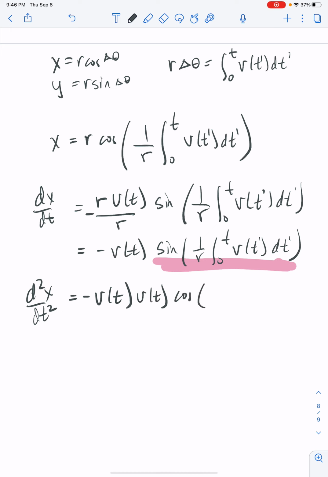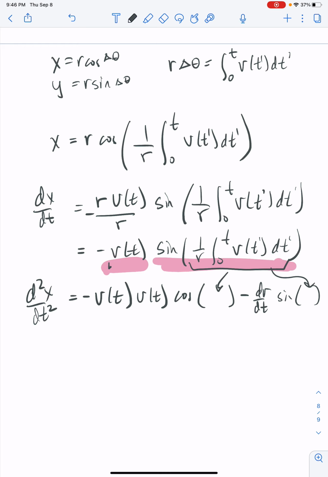Then cosine, I'm not going to write this whole thing again, but this whole thing is inside my cosine. And then by the product rule, I'm next going to take the derivative of this first term. And so that is negative dv dt sine of this whole thing inside the derivative again.